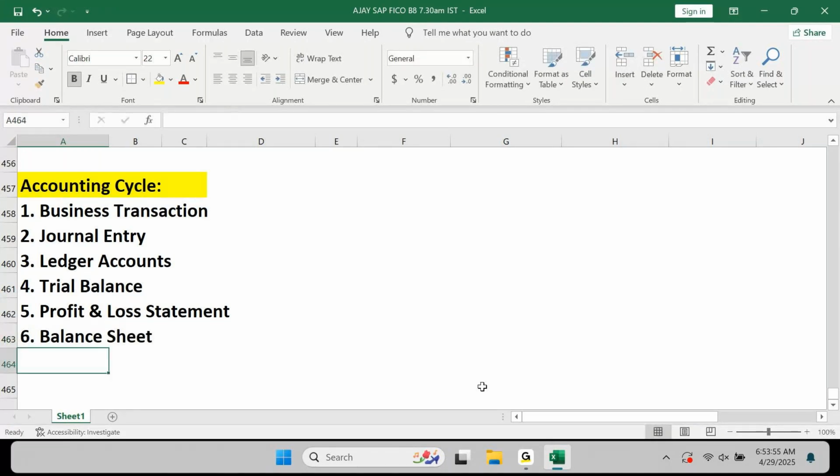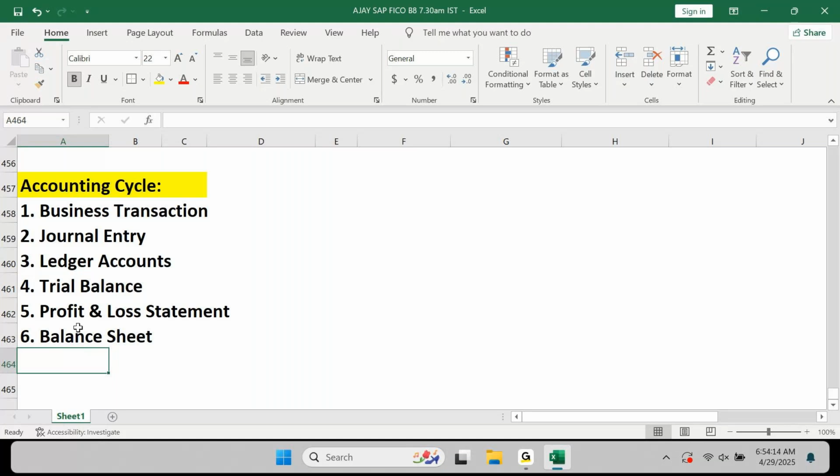Is the trial balance the starting point or ending point? Middle point. This is not the starting, this is not the ending also, right? Your total accounting is verified with the help of TB.